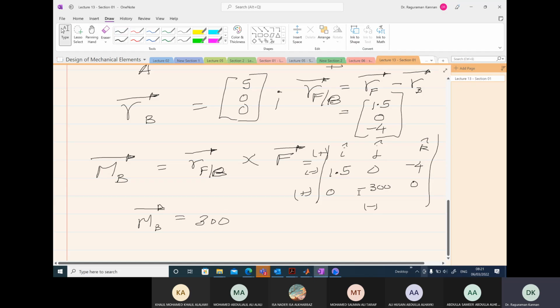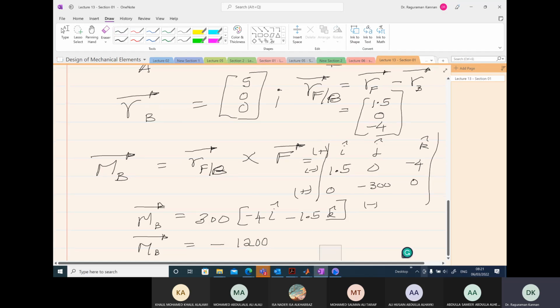Then we have minus 4i, minus 1.5k. Can replace, minus 1200i.